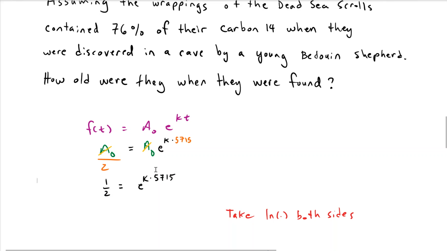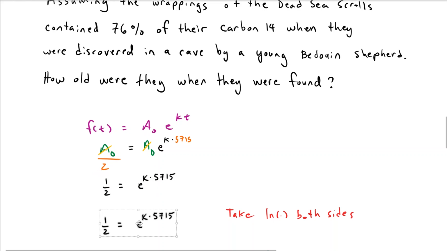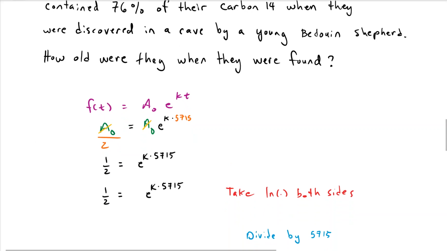Now we can take this and we can say, hey, let's take the ln of both sides of the equation, because we want to get that k out of the exponent. And one great way that we do that is taking the natural log of both sides of the equation.